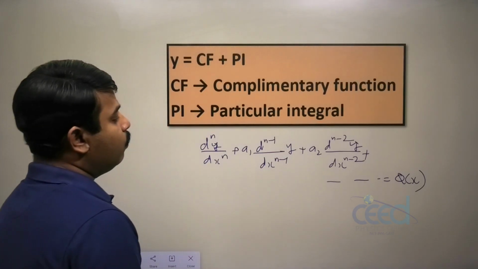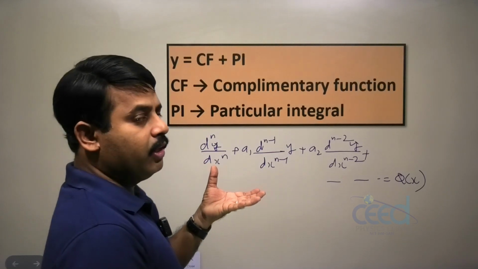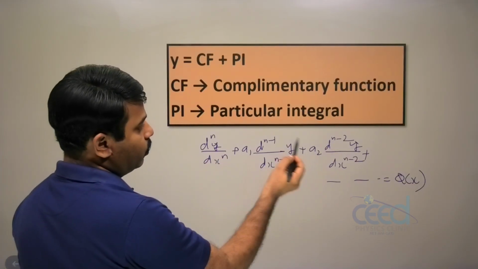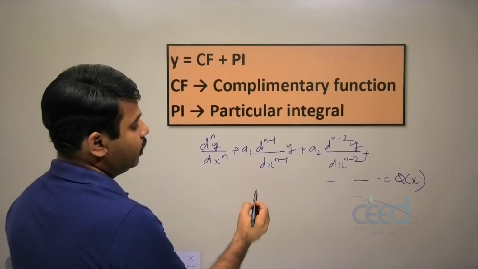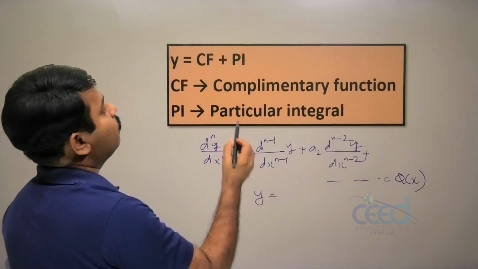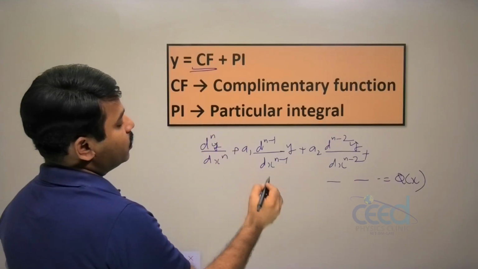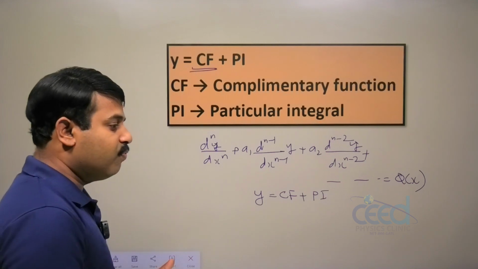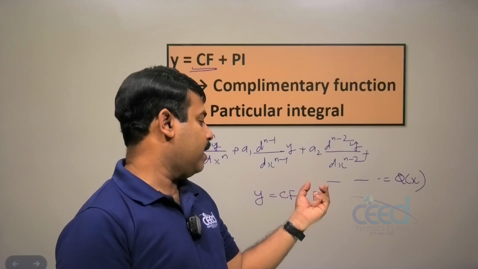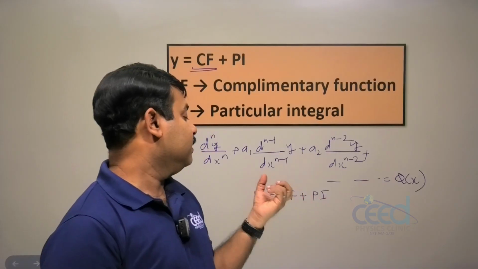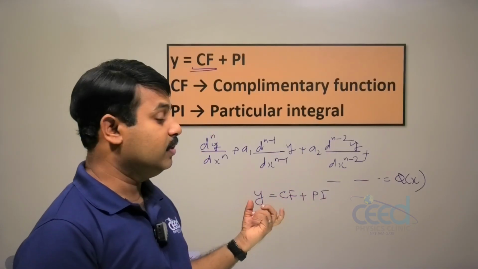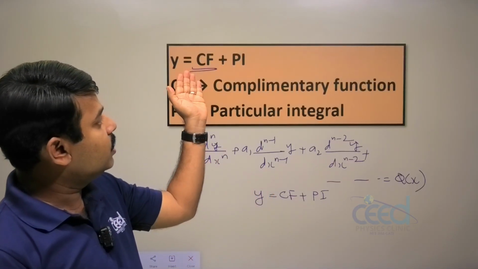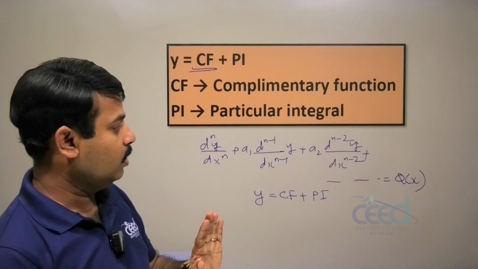The solution y of this differential equation consists of two parts: one is the complementary function, the second is the particular integral. By adding the two, we get the solution of the differential equation. Now let us discuss what the complementary function and the particular integral are.